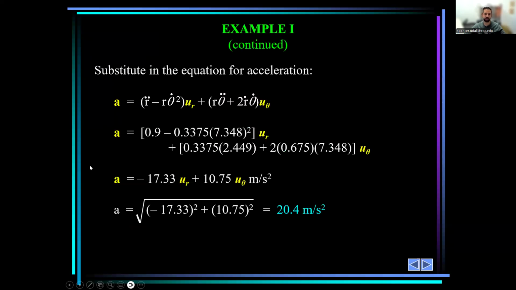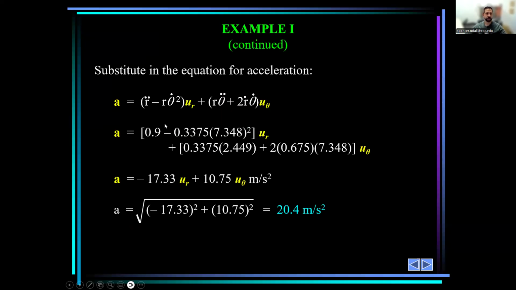In this case, we found out in the r direction, yes, it is slowing down somehow. And then in the theta direction, it's speeding up. It has a positive acceleration. So all together, we've got 20.4 meters per second squared as our magnitude for that one.